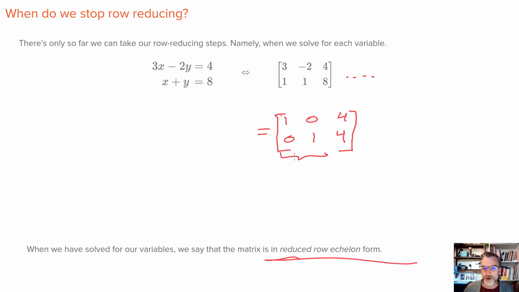We want to stop there because we're thinking about translating this back to systems of equations. And if we were to translate it back, when we have this form, you can see that we only have x and y. So as soon as we have that reduced row echelon form, if we stop there, then we know what x and y are. It's just simply these entries here. Okay? So we're going to stop this process whenever we have that reduced row echelon form.